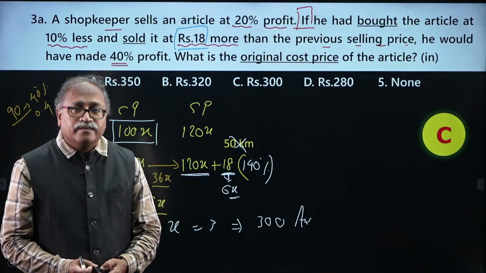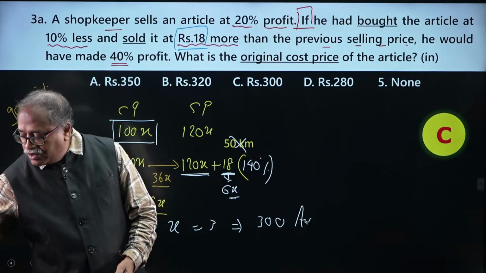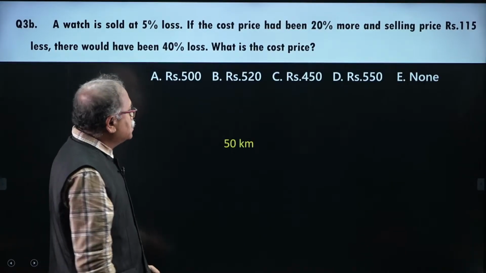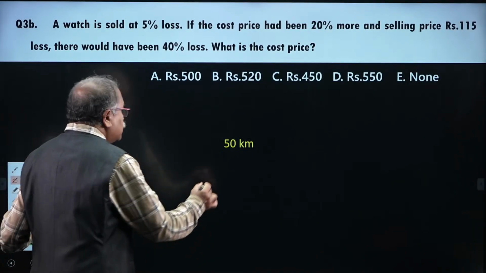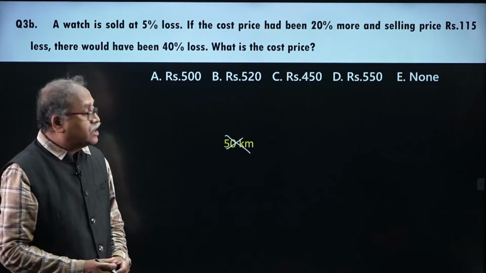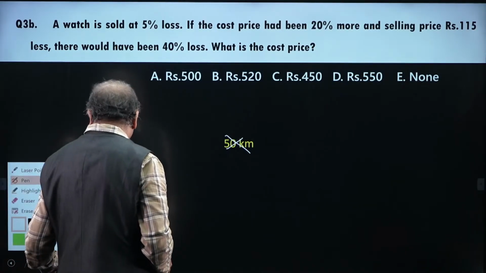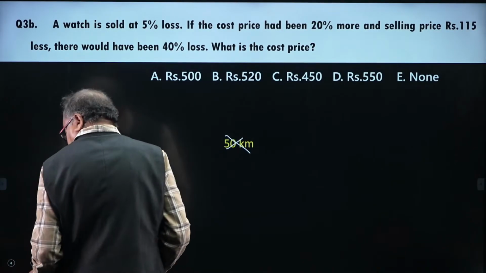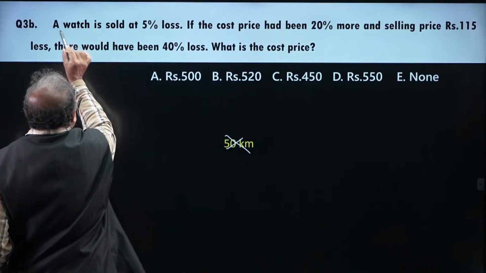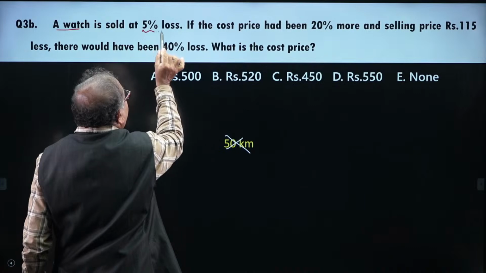Come on my dear friends, we will move on to the next question, and your next question is very simple. As I said, ignore this 50 kilometer, which is by mistake there in every slide. Now, coming to the question part here, what is the question? The question says a watch is sold at 5% loss.